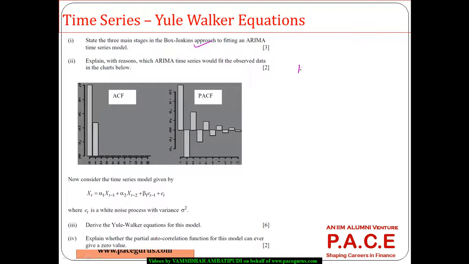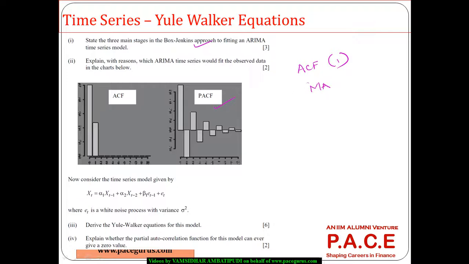Now, first of all, in the ACF we are seeing a non-zero value only for the first lag. After the first lag, it is zero, which is a clear indicator of a moving average function.